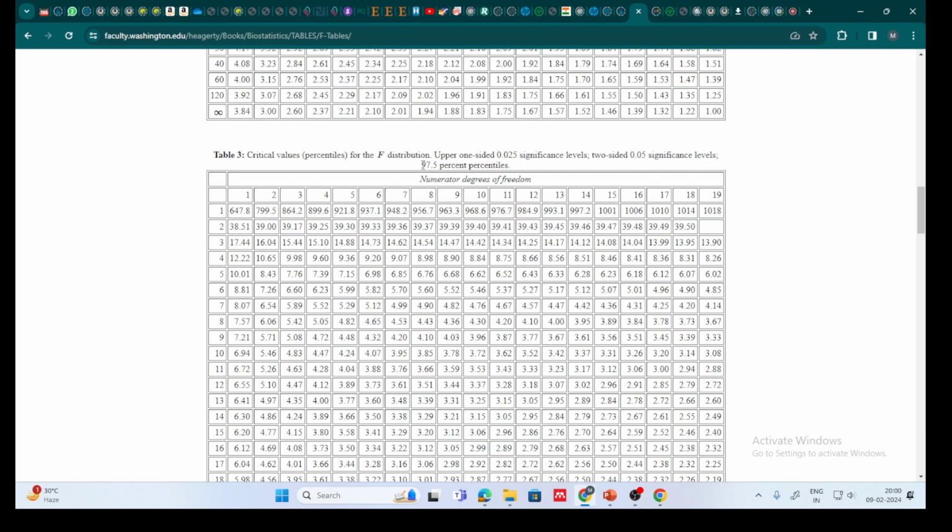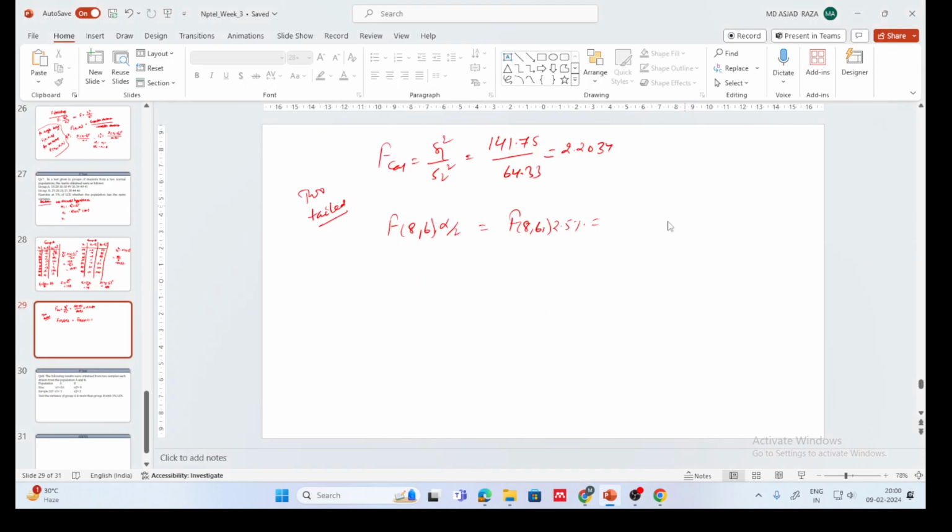So means 97.5 percentile. So in that we have the 8 or 6. We'll go this one, 8 will come down here and it will be 6. So it is 5.60. Have you got it?